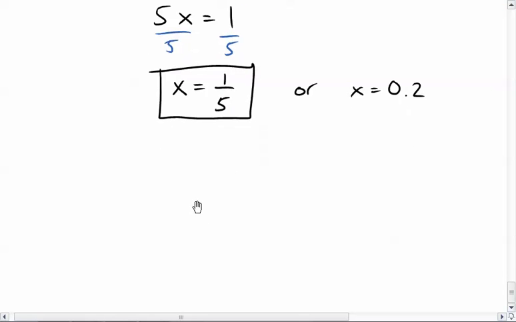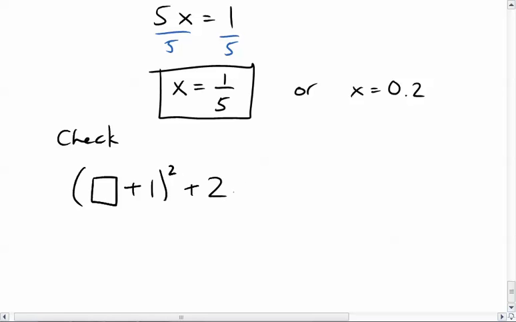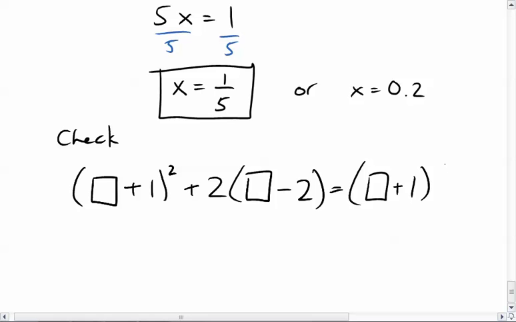Okay, so to check, let's put that 0.2 back into the original equation everywhere that we saw x. So I like using decimals for checking, especially when you have a calculator that doesn't do so well with fractions. Sometimes it helps to use the decimal answer.